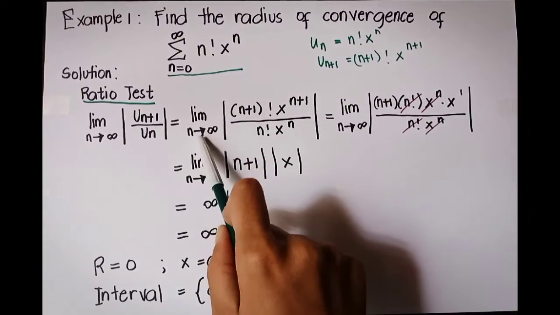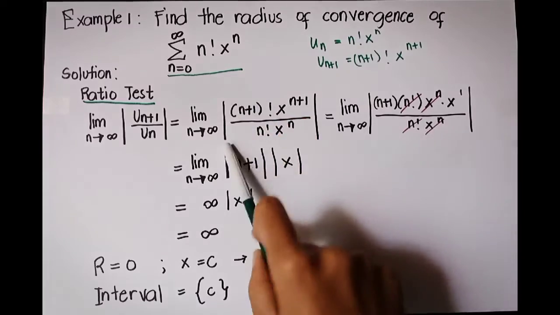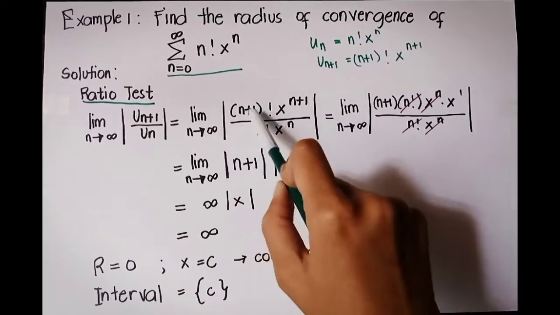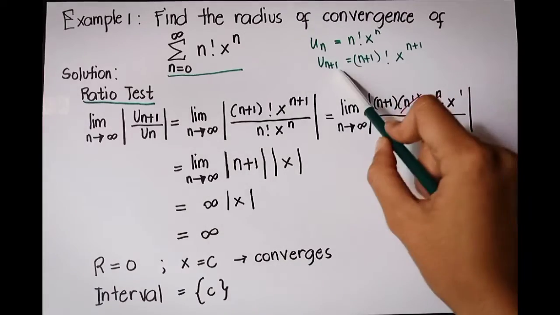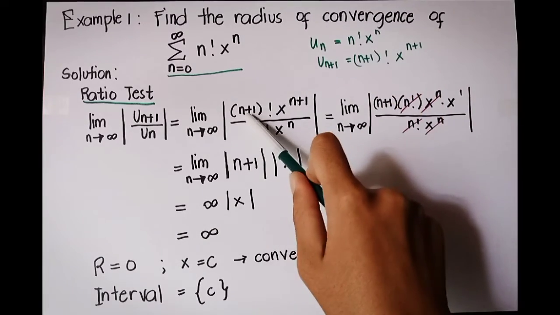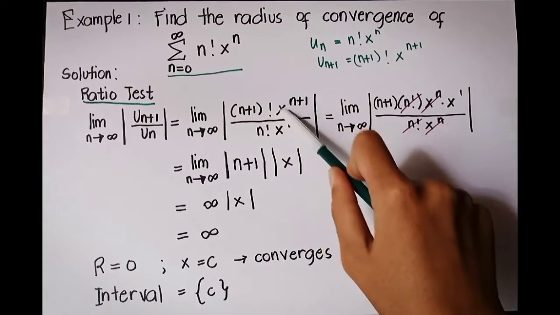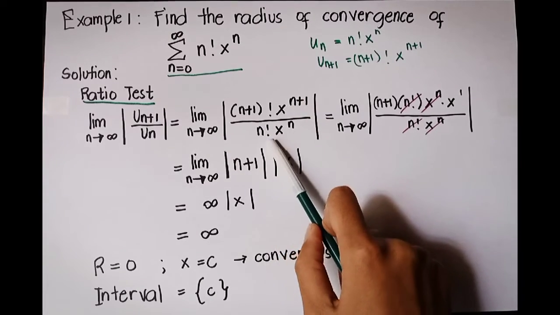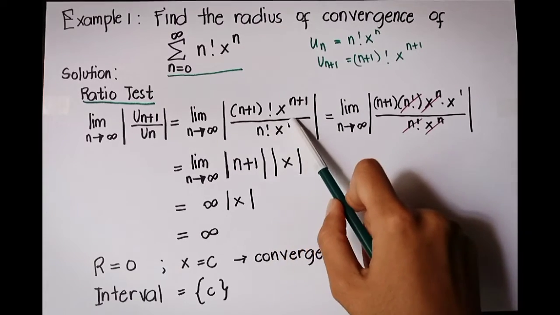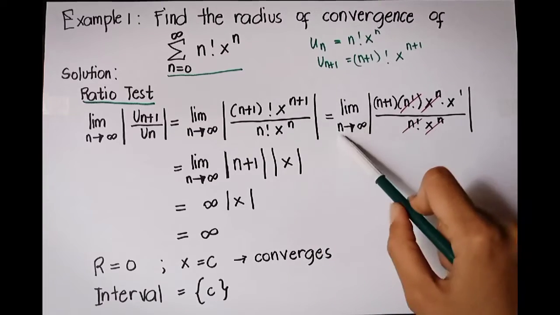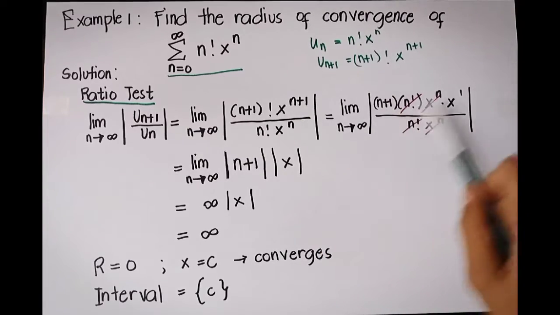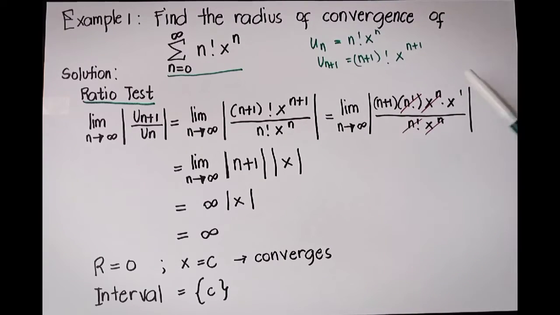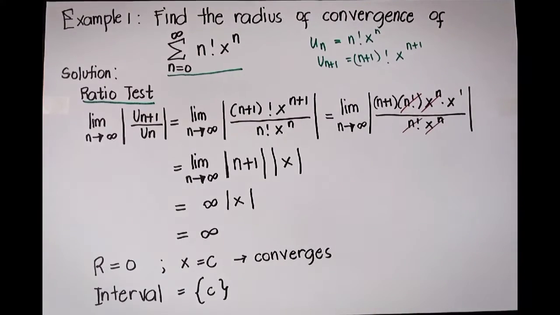It will become the limit as n goes to infinity of the absolute value, so do not forget the absolute value, of un plus 1 factorial times x raised to n plus 1, all over n factorial times x raised to n. To get the limit, we will factor the expression.